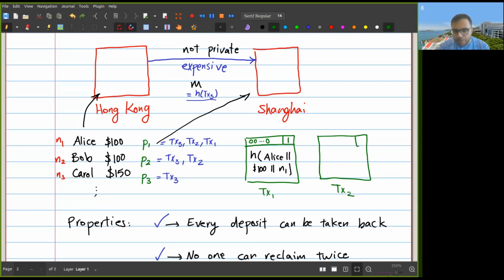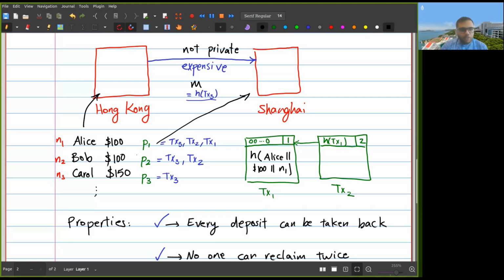Now, when I create my second transaction, let's say this is transaction 2. Again, it has a sequence number, which is 2, and I just write it there. It has a pointer to the previous transaction. So this is a pointer to the previous transaction. And the way we create pointers is again by hashes. So basically, I just write the hash of transaction 1 here. Okay, that's how transaction 2 points to transaction 1.